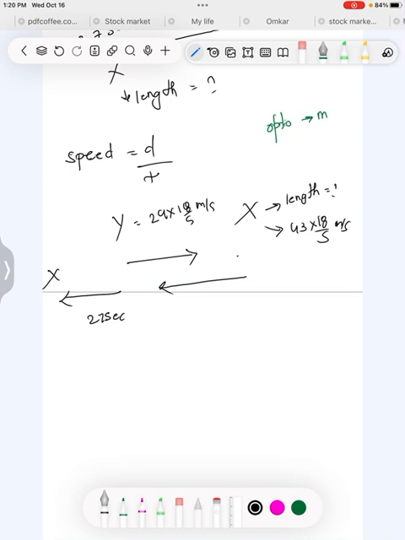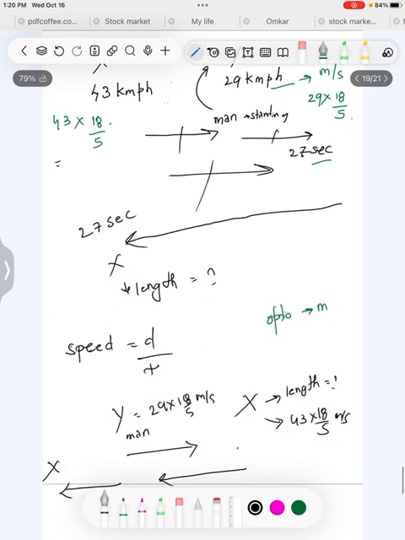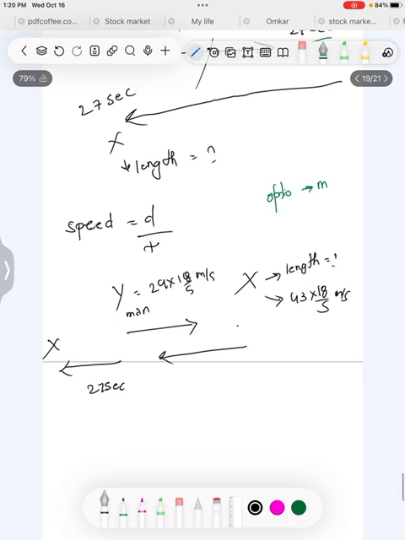It crosses the man in the Y. I think you might have seen these problems in the JEE also. These are very common problems over there. You'll get confused, right? You'll feel like what the hell is this, etc. So what you have to do at that time?